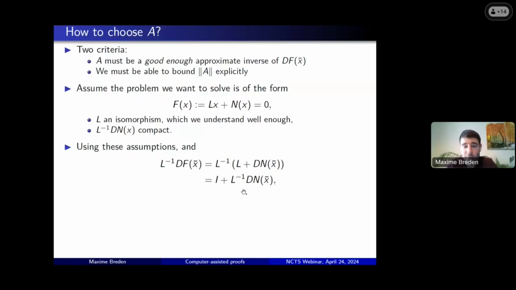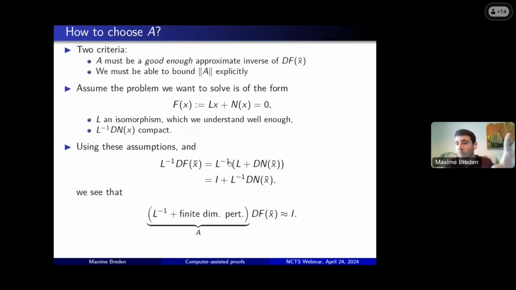But the reason this is going to be good enough is that this L minus 1 dN, even though it's not small in norm, is still kind of small in the sense that it's compact. And because it's compact, we know we can approximate it as well as we want by a finite rank operator, which means I only need to perturb L minus 1 by a finite dimensional thing to compensate for these terms as well as I want, essentially.